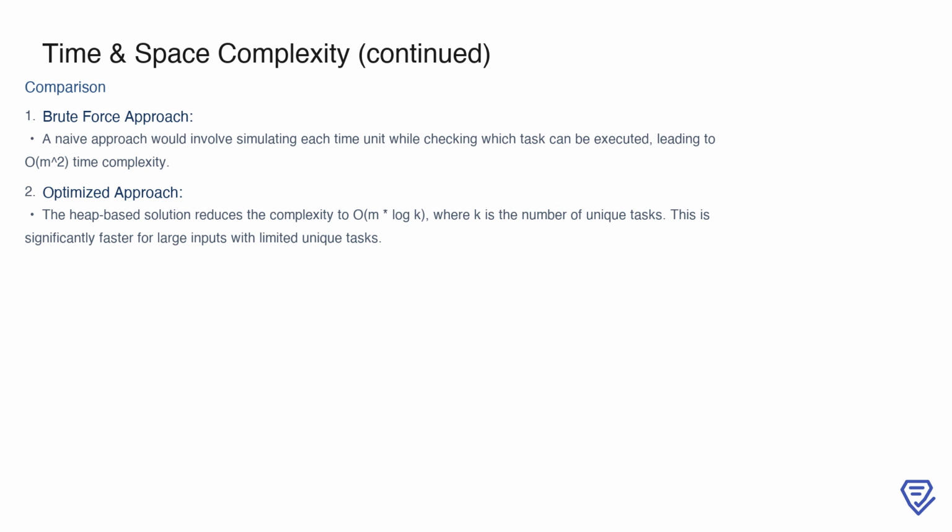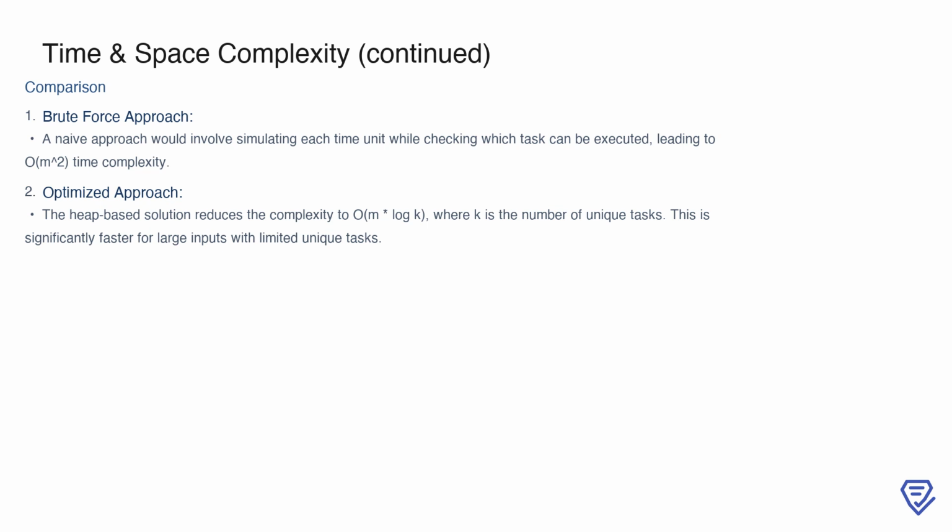In contrast, the optimized approach leverages the max heap to prioritize task execution, reducing the complexity to O(M * log K). This improvement is especially significant when the total number of tasks, M, is large, but the number of unique tasks, K, is relatively small. By focusing on K instead of M in certain operations, the optimized solution achieves far greater efficiency.